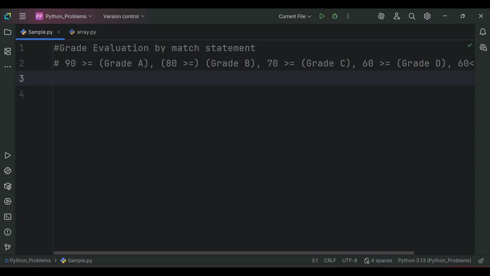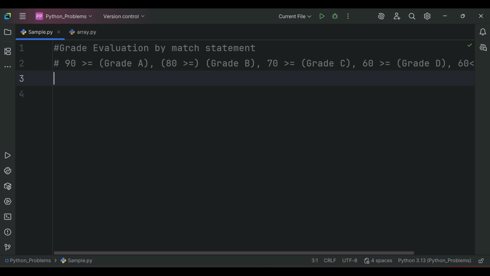Now see, second problem. In this problem, we have to calculate grade evaluation by using the match statement. Grade evaluation means in our schools or colleges, the grades are evaluated based on the marks or percentages.